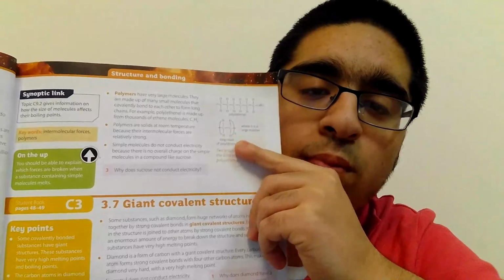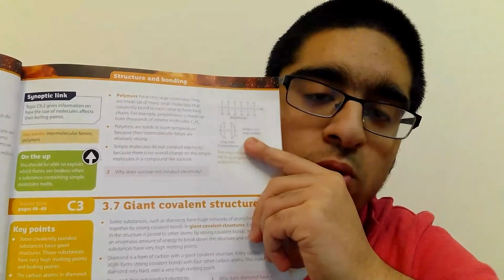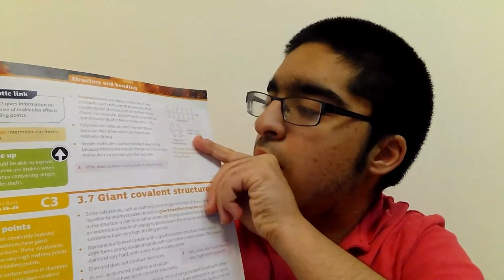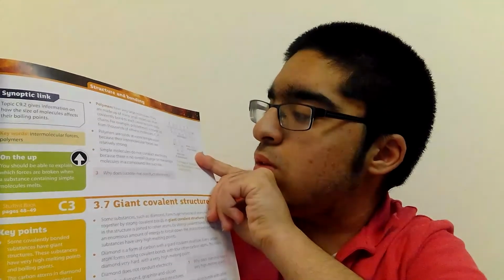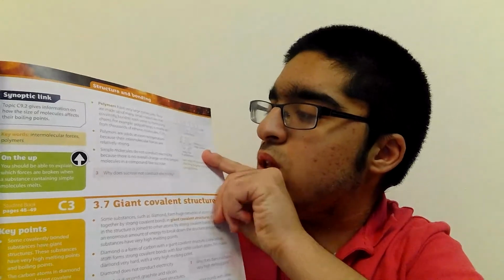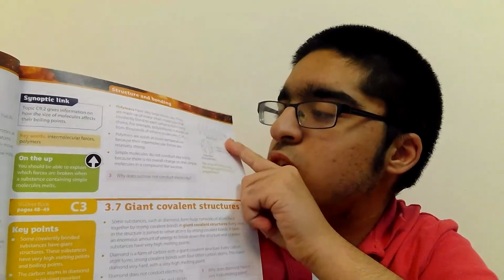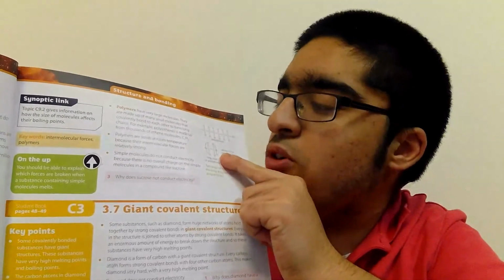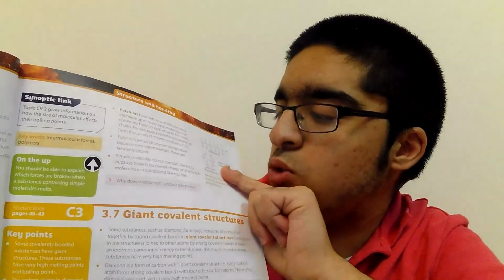If it doesn't make much sense right now, don't worry, we're going to go through it. This just represents a long chain of polyethene. The n represents the number of repeating units in the chain, which is obviously a lot. That's why it's called polyethene.